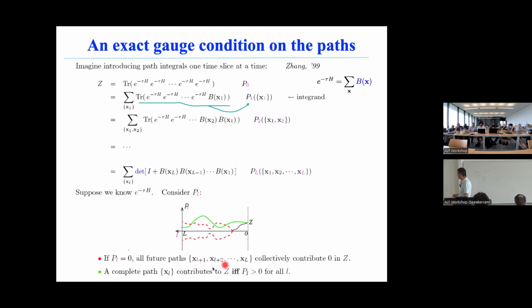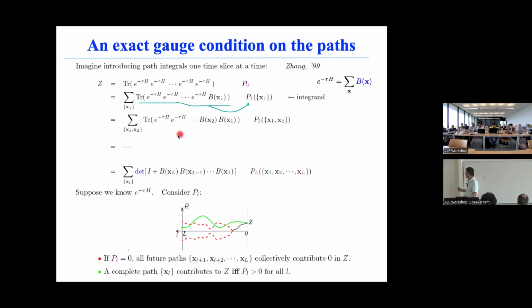If I finish the rest of my Gedanken experiment, I have obviously an infinite number of paths. The future paths start from here, which is l, and then l plus 1, l plus 2, all the way to L. I've used two red ones to denote all the future ones, but there's an infinite number of them. They collectively would contribute 0 in Z by definition, because you have a particular choice of x1 and x2 that led to a P2 which is 0.